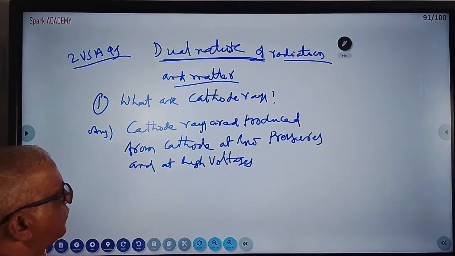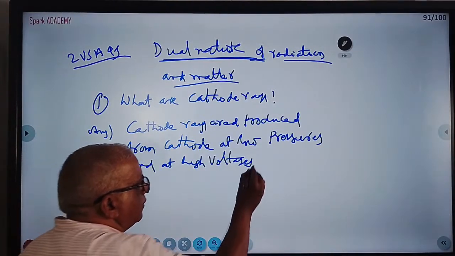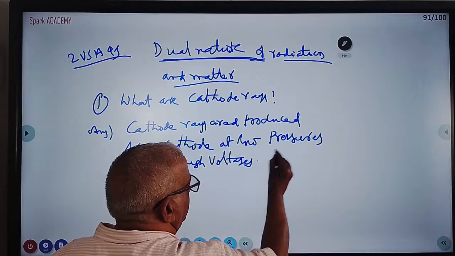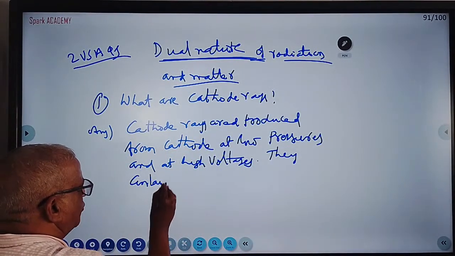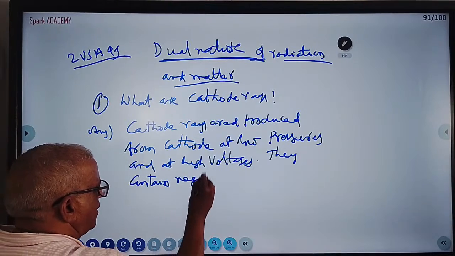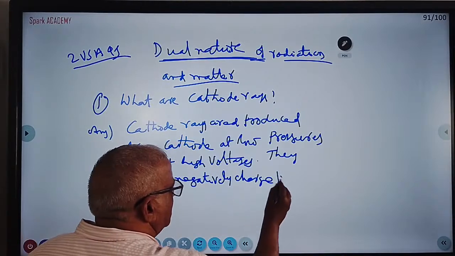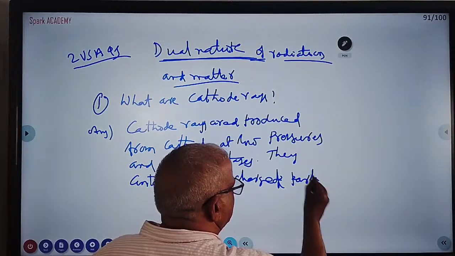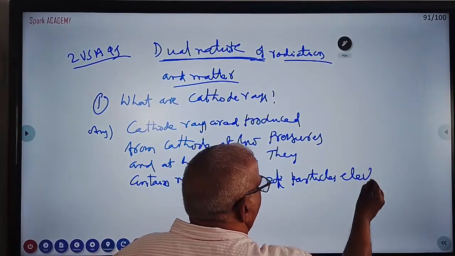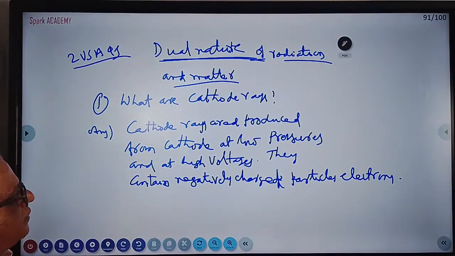They contain negatively charged particles called electrons. These are cathode rays.